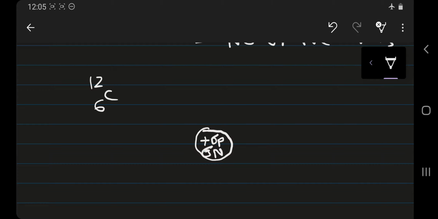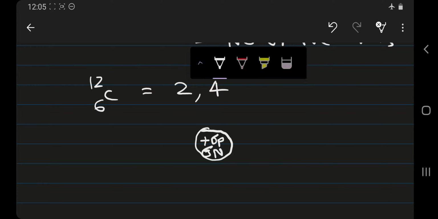So this nucleus will be filled with protons carrying positive charge and neutrons carrying no charge. Then this nucleus will be positive. Then as we know the electronic configuration of carbon is 2, 4. That means in the first orbit there are 2 electrons and in the second orbit there are 4 electrons.